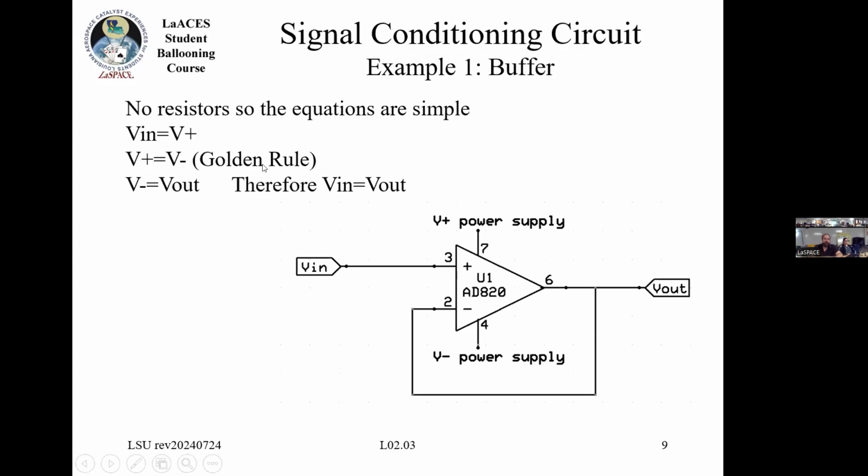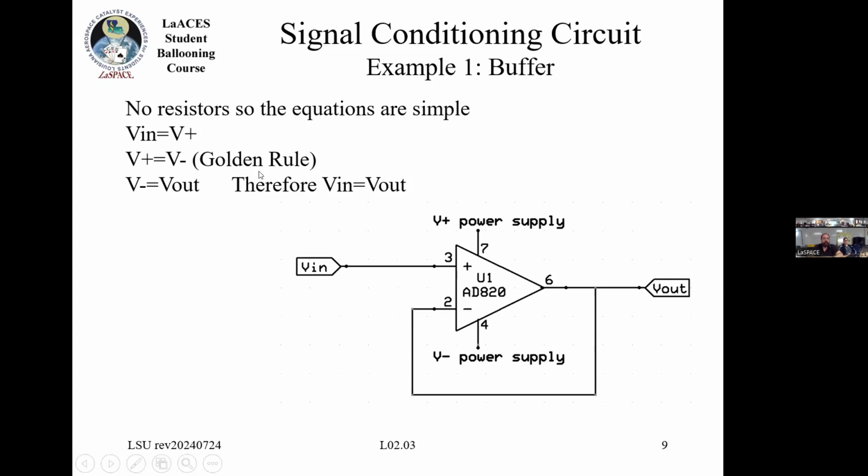So what does that actually look like? The simplest case here is what you would call a buffer circuit. Basically this doesn't increase or decrease the signal. All that it does is it sort of isolates the input from the output. So in this case, we have V in connected to V plus. We have the output connected back to the inverting input V minus, right?